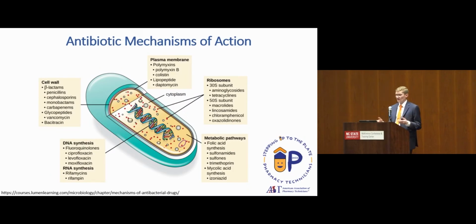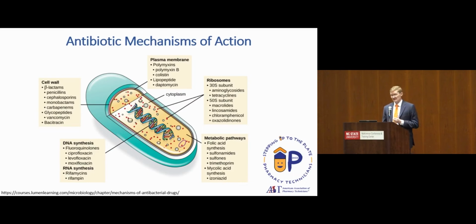And then we can also target the metabolic pathways of the bacteria. So Bactrim or Septra will target one of the metabolic pathways that bacteria use. So if we can stop some of these pathways or attack some of these different systems that the bacteria use, we can eradicate the different types of bacteria.